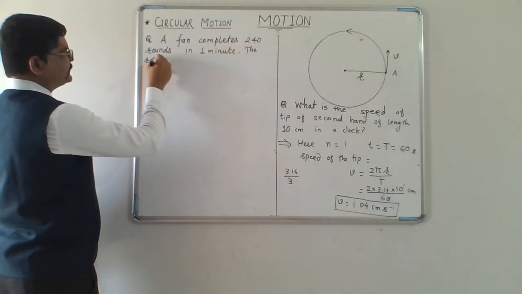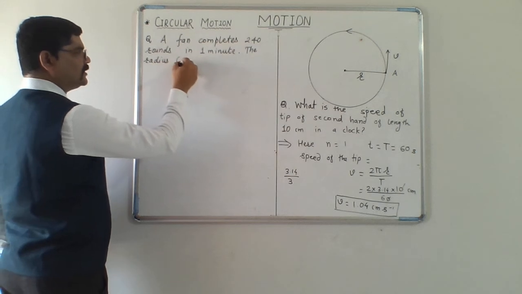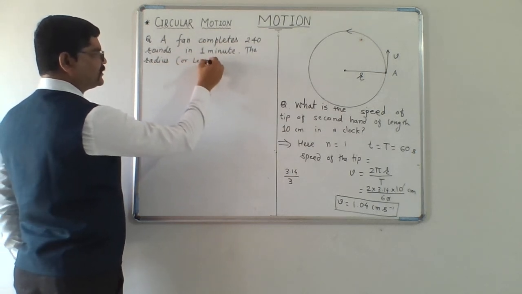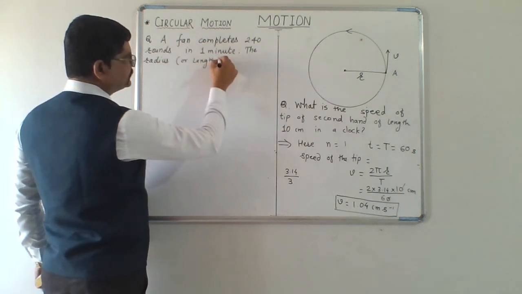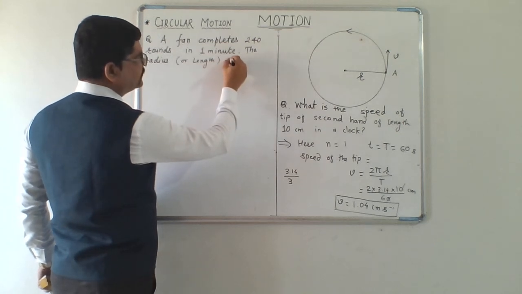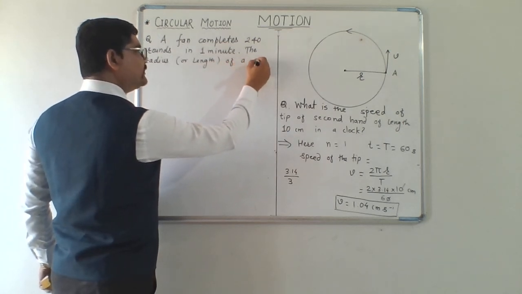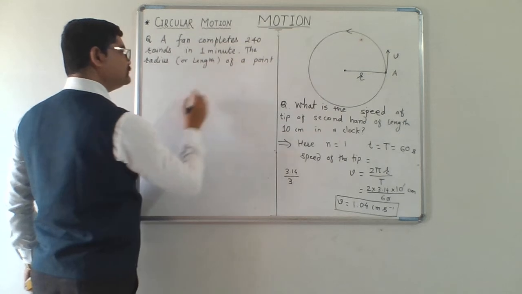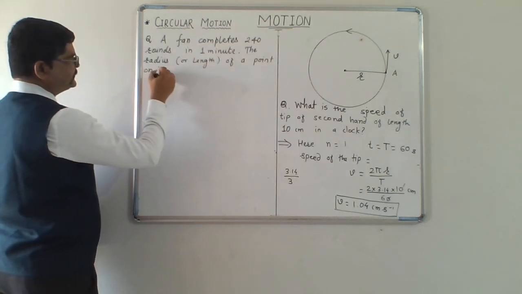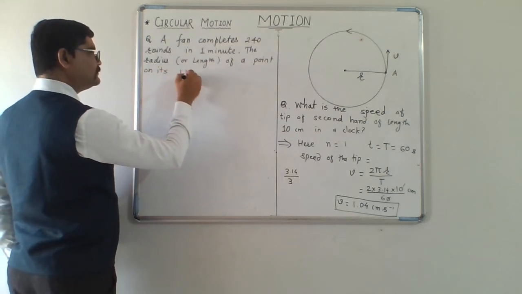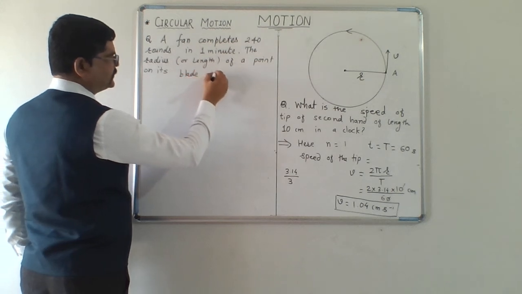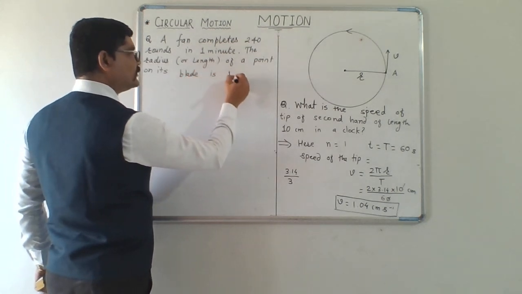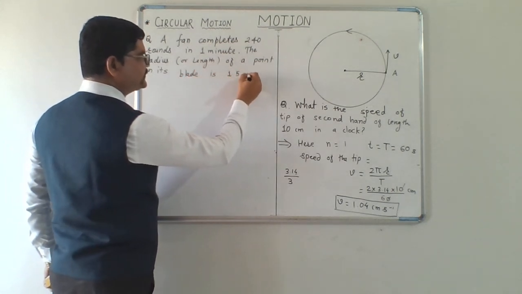The radius, or length, you can consider the length of the blade, the radius of a point on its blade is 1.5 meter.